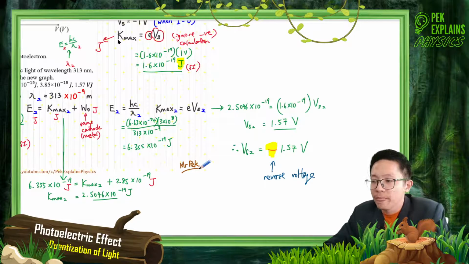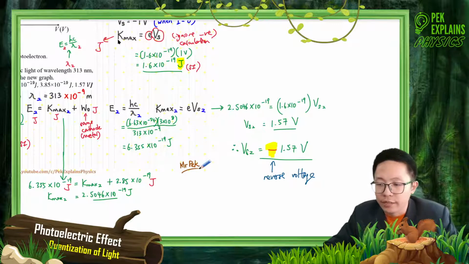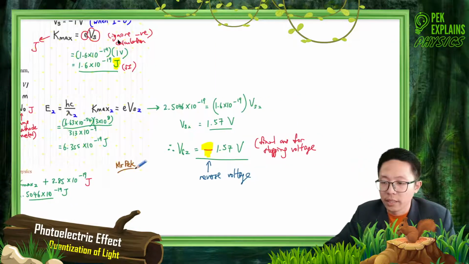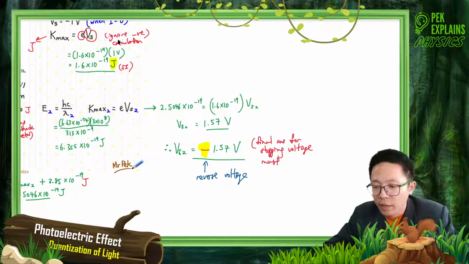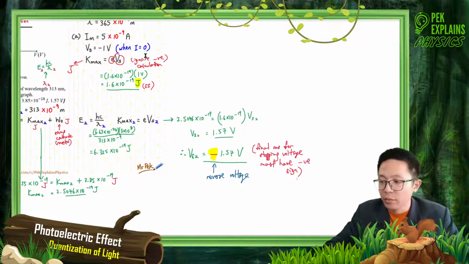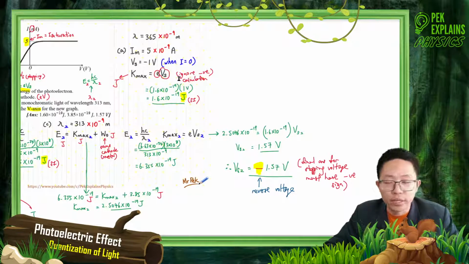So remember, the final answer for stopping voltage or stopping potential must have a negative sign. We only ignore the negative sign for stopping voltage during calculation.